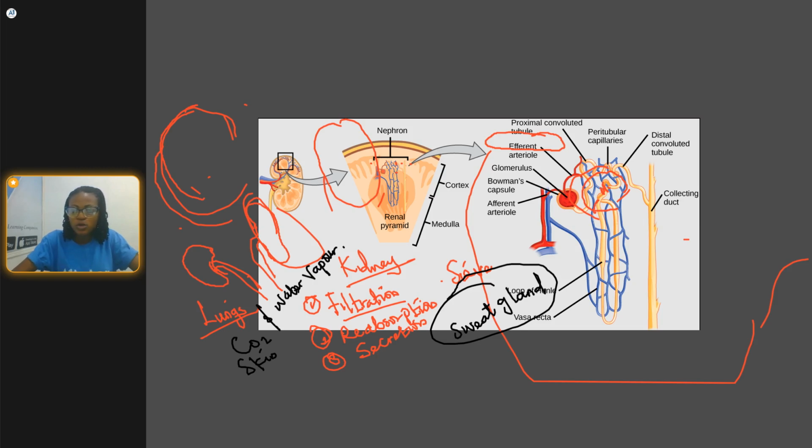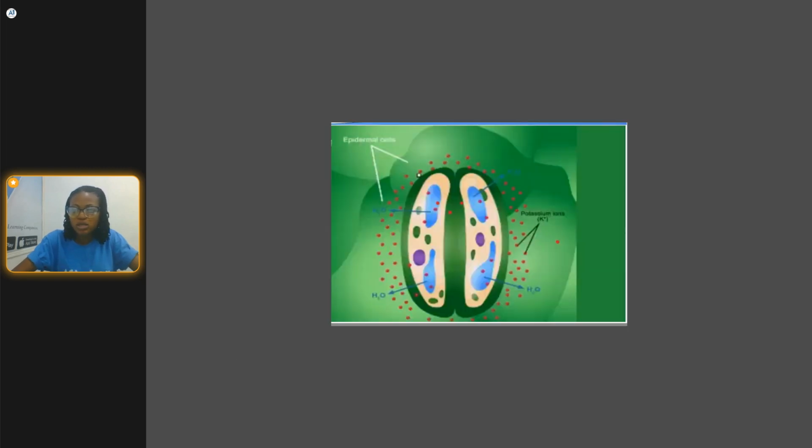So I'm going to present this again that I presented before. For plants, we have the excretory product carbon dioxide and its economic importance. What do we mean by economic importance? That is the general importance of carbon dioxide.